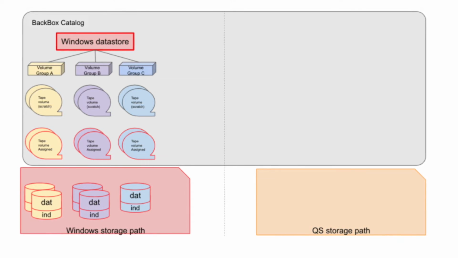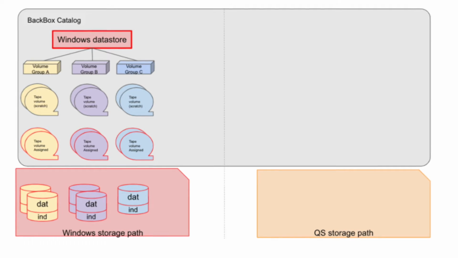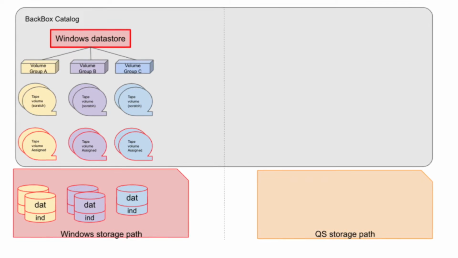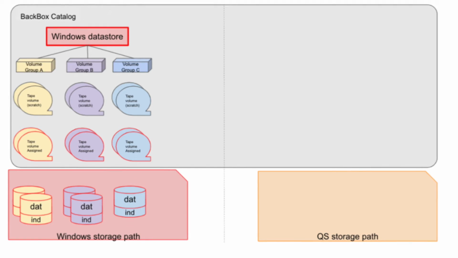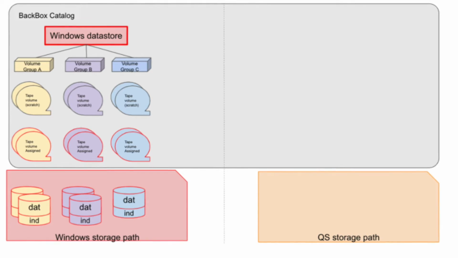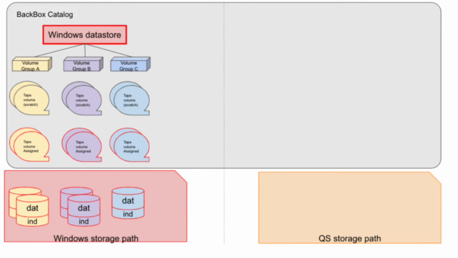In that case, we have 3 volume groups. One will be used for daily backup, another for weekly backup, and the last one for monthly backup. That's the way a regular Windows data store is structured with the BackBox.